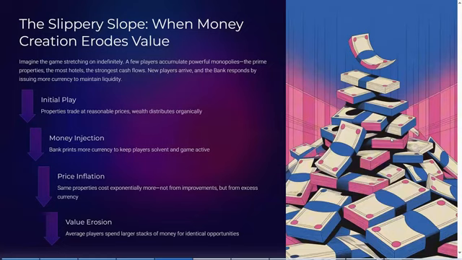This creates a price inflation. So the same properties cost exponentially more, but they cost more just because of a number, not from improvements, but from excess currency.